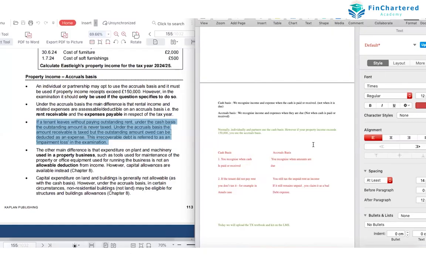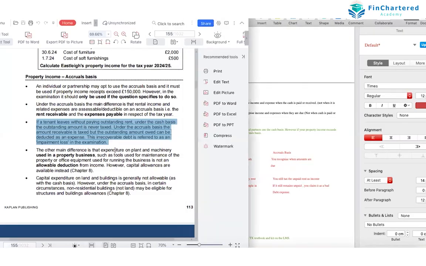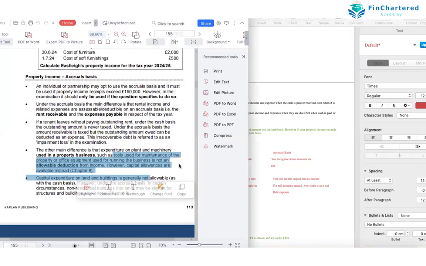Next is equipment cost. So when it comes to equipment cost, the third difference, again, this one, plant and machinery. The other main difference is that expenditure on plant and machinery used in a property business, such as tools used for maintenance of the property or office use used for running the business, is not an allowable deduction from the income.